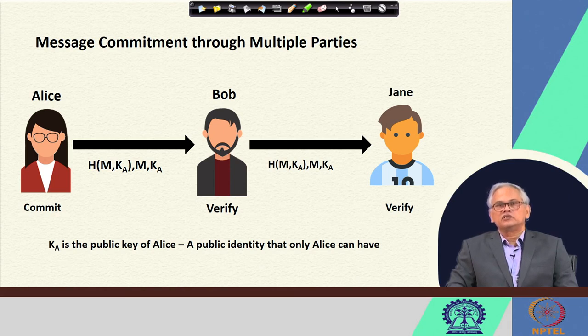In this case, the hash which was stored can be checked by running the same hash function on m and K_A and checking whether that matches the original hash. The same verification can be repeated by Jane, who can run the same steps to check whether indeed m was the message that was stored by Alice. And later on we will see how Alice also cannot deny that it was indeed a message that was stored by her.